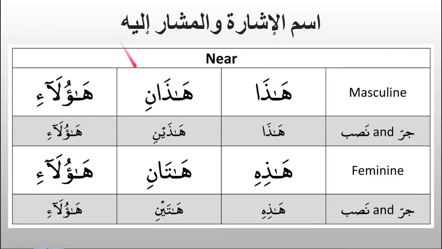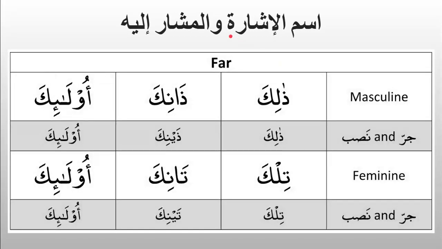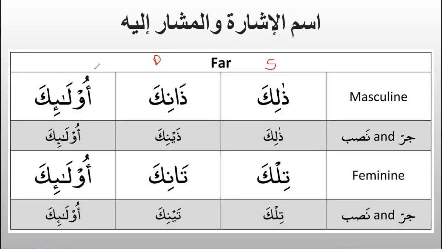Let's go to the next chart, for distant objects. It also has singular, dual, and plural, masculine and feminine, and all the words are always proper and always rafa.